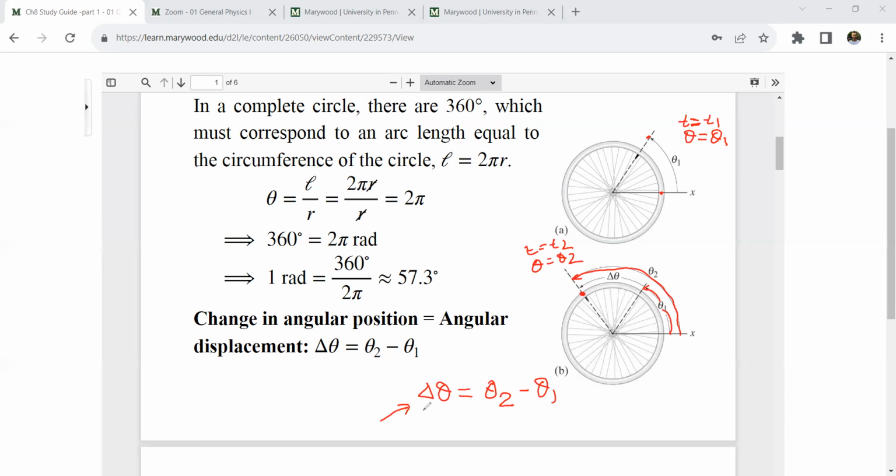It's very similar to the linear displacement that you learned in chapter 2. And similar to linear position and linear displacement, the angular displacement unit is also radian.